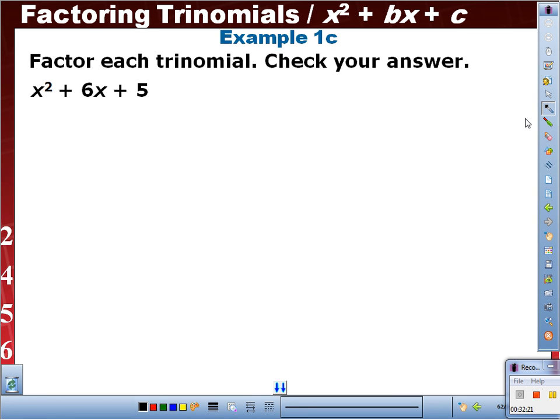Just about done. 5, 4, 3, 2, 1. Okay, give the factors to your neighbors, see what they got.